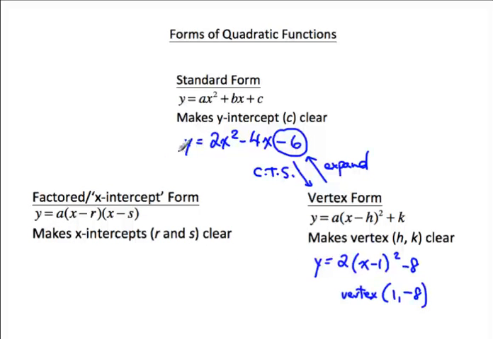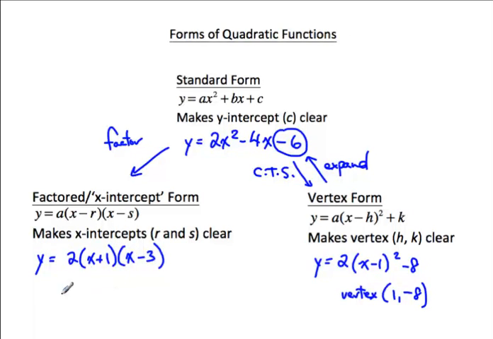Also, we can convert from standard form to factored form by factoring. And the nice thing about factored form, or x-intercept form, is it tells us what the x-intercepts are going to be. If I took this and factored it, I would get y is equal to 2 times (x plus 1) times (x minus 3).